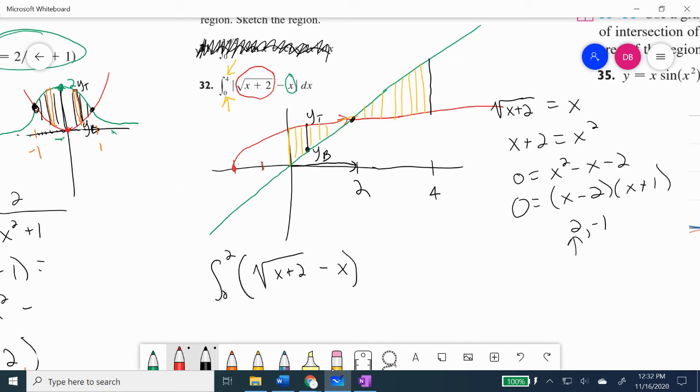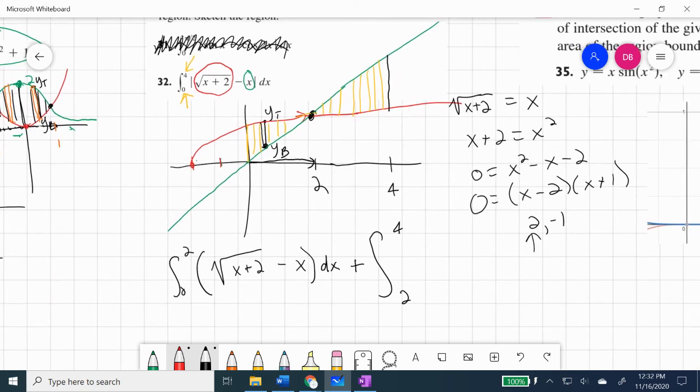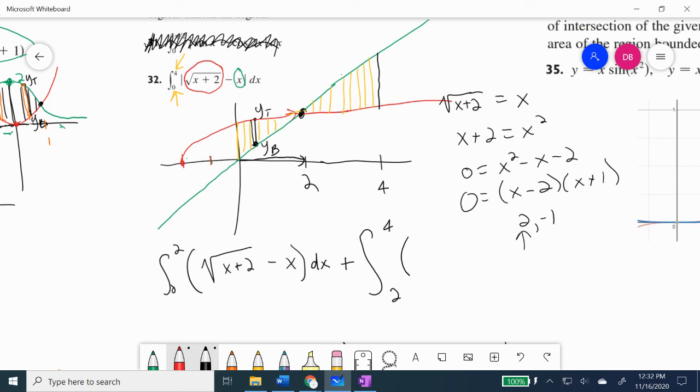And because I'm making vertical lengths, the infinitesimally thin dimension is x. Then I'm going to add that to the area that I find when I start at 2 and go all the way to 4. This time the top y value is y equals x, minus the bottom y value is y equals the square root of x plus 2.